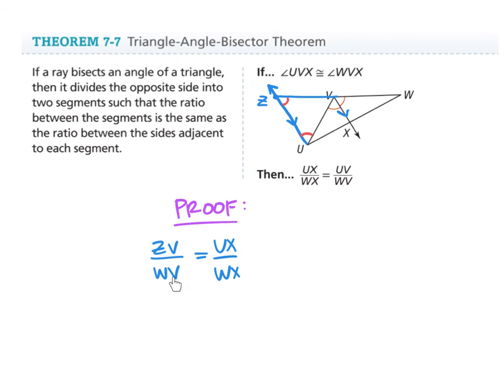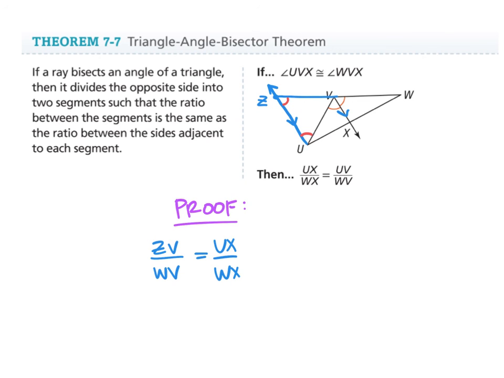Now, if you look at that statement, it's similar to this, but with one big difference. This one has UX over WX equaling UV over WV, but I have ZV over WV. But if we come up to this picture and look at this triangle right here, it's isosceles because it has two angles that are congruent.